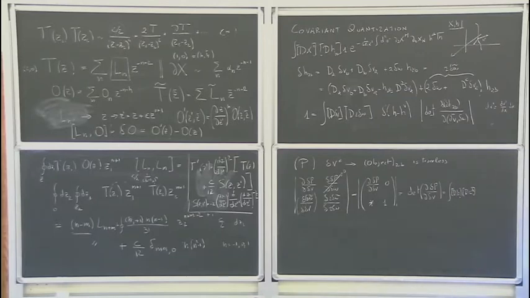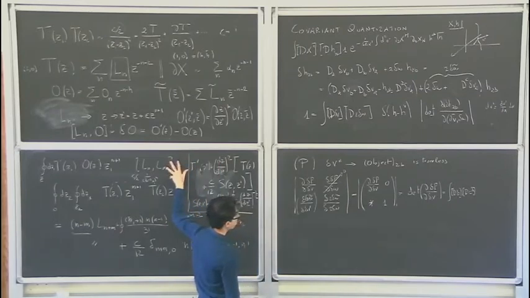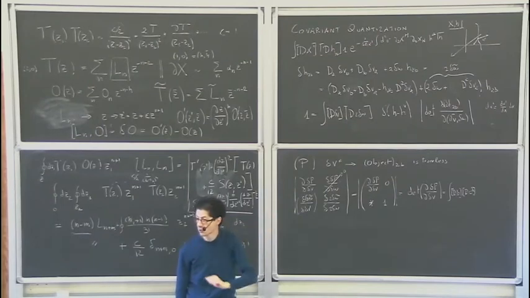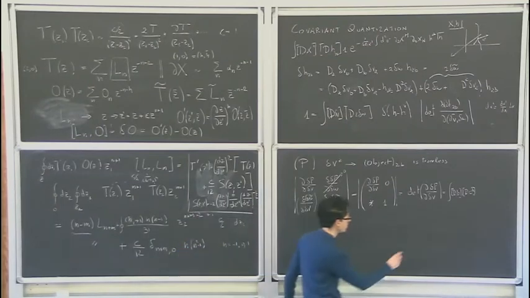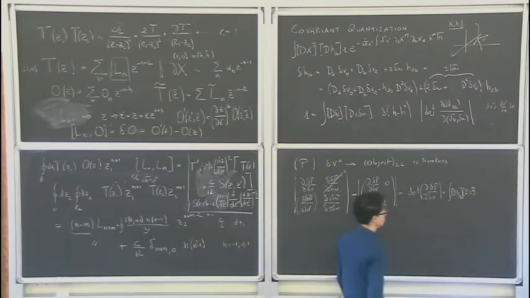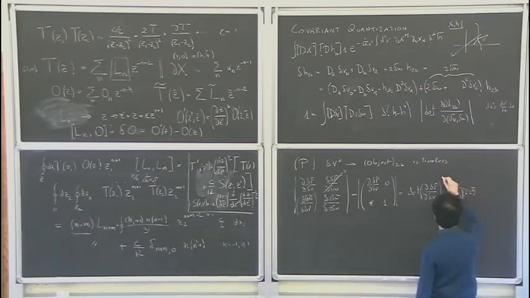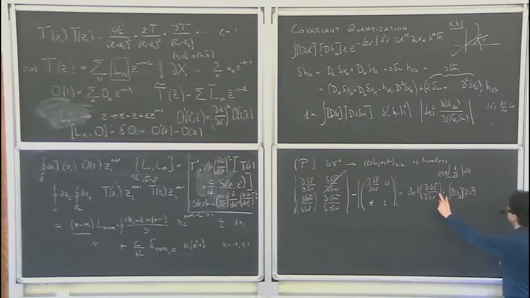Now, the result of the action of P is an object with two indices, and we also promote that object to a Grassmann function, and this is B. And then we have here the exponential of the operator P.